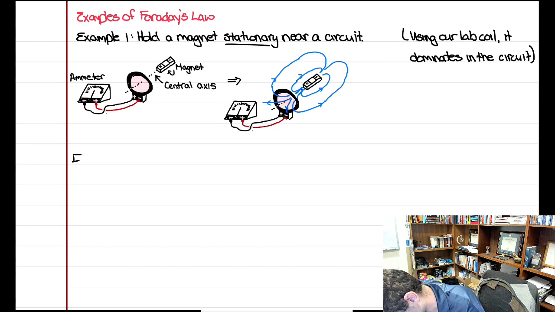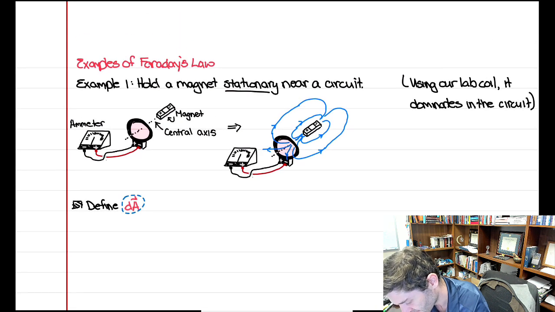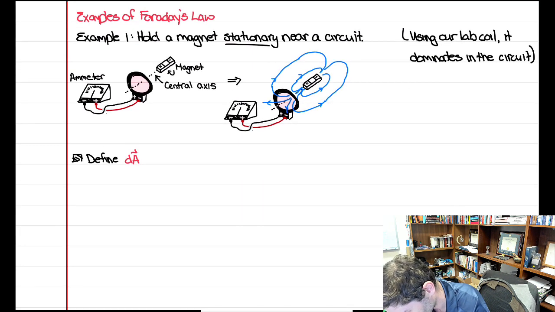I'll just use bullet points. So here I'm going to define my vector dA.